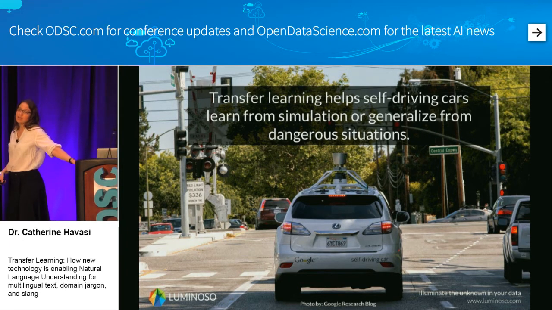And one of the things that's been worked on recently by a number of different large automotive companies is actually using transfer learning to do this. So what they're doing is building essentially toy domains and building a mechanism for transferring from the toy domain to the real domain. The toy domain is frequently a model robot car or a simulation where you can try out all kinds of different things and then move them into the real domain to see, well, can we build something that would cause the car to react in a better way in a difficult environment?